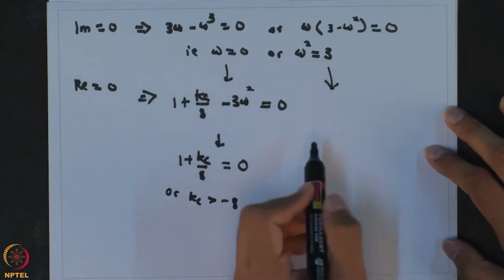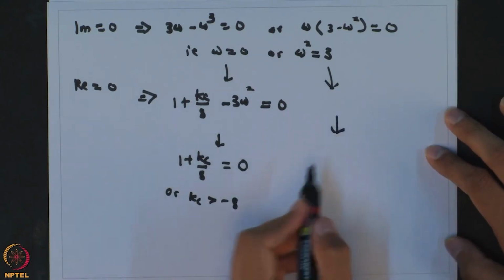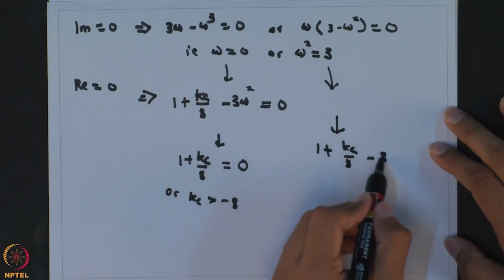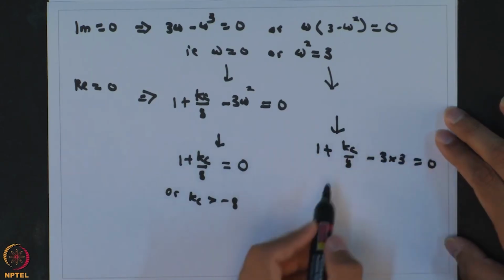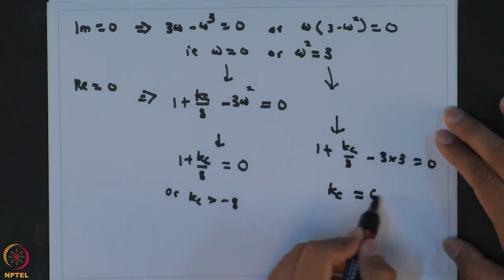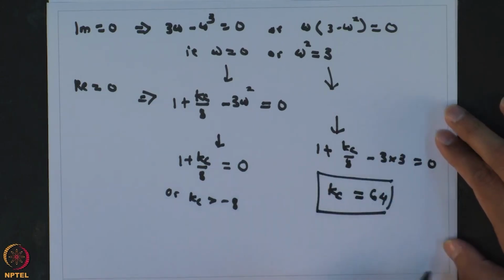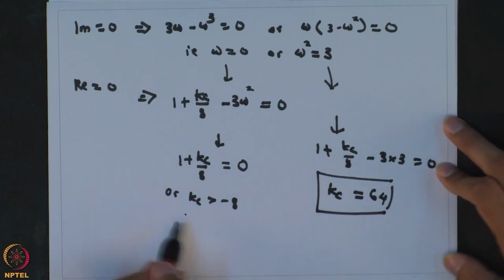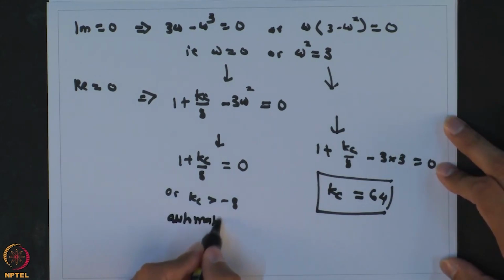And when omega square is equal to 3, what we get is 1 plus Kc over 8 minus 3 into 3 equal to 0. So, Kc equal to 64. And so, what we see is that this again is automatically satisfied, as we have Kc greater than 0.